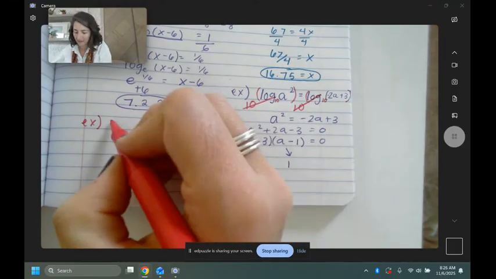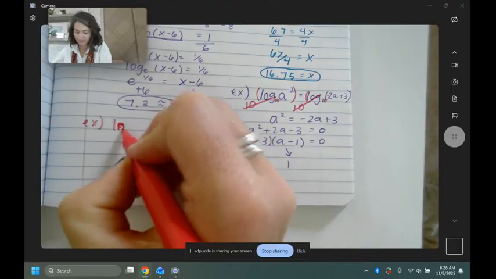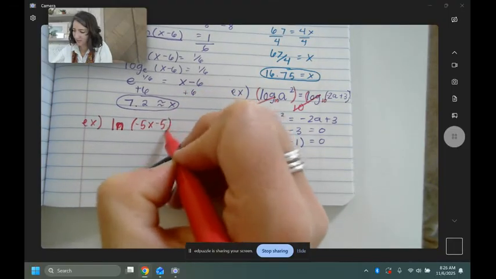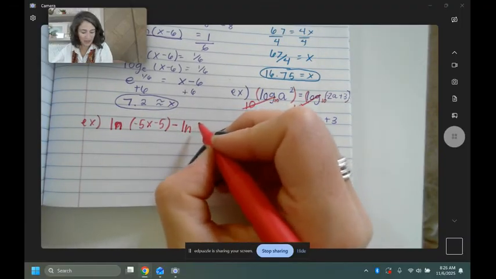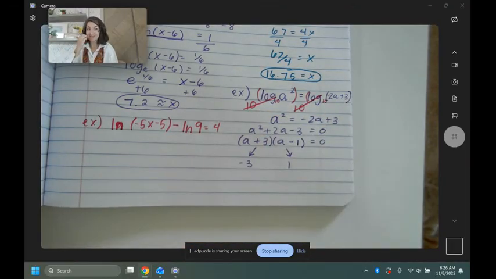Let's say I have the natural log, ln, of negative 5x minus 5 minus the natural log of 9 equals 4. Okay, so I've got two natural logs. They're on the same side of the equal sign.